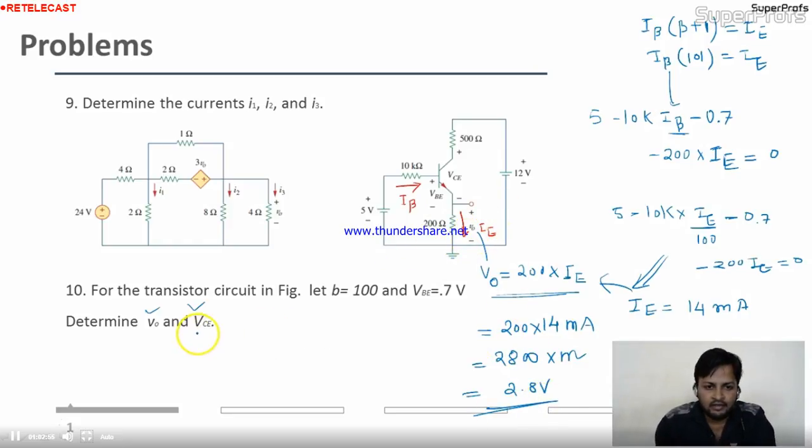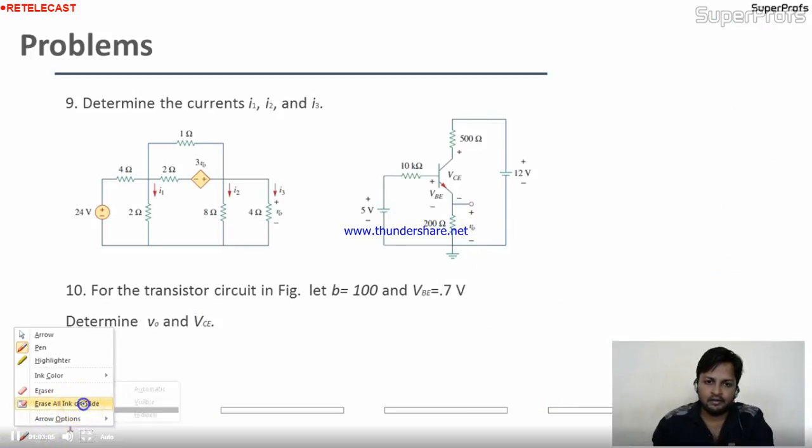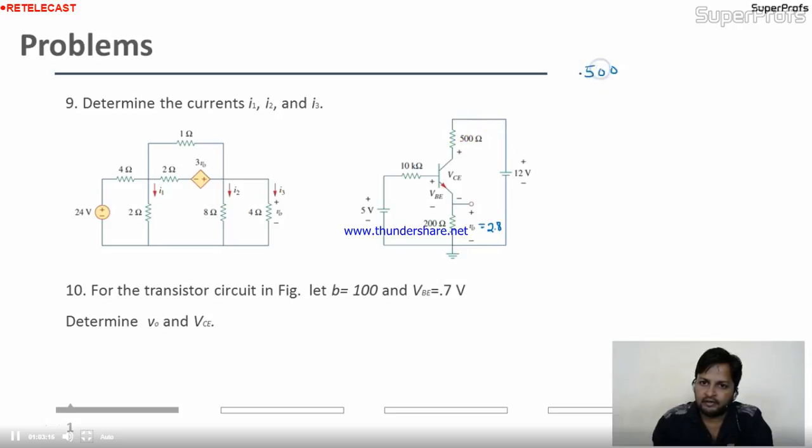Now the second one they are asking for is VCE. Now we'll apply KVL in this outer circuit, so we'll get the value of VCE. What is the value of V0? We got 2.8. Now apply KVL here. I'll start from here: 500 with a negative sign, because I assume the current direction, IC is nothing but IE, that is 14 milliampere. Here I'm getting VCE.